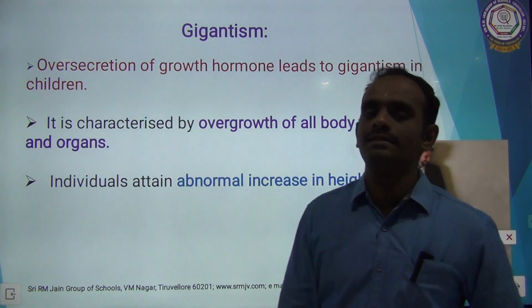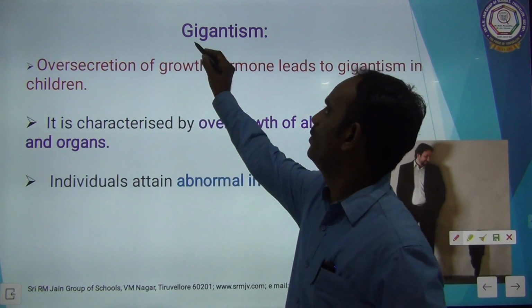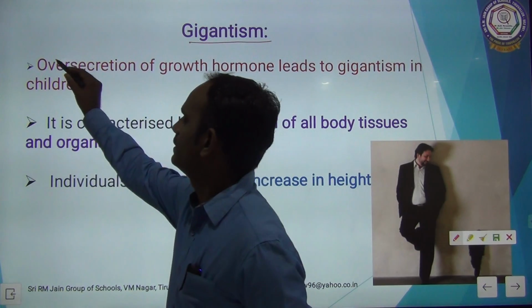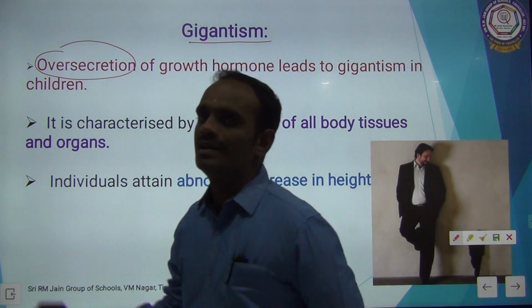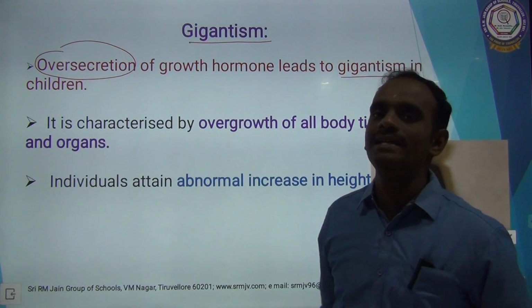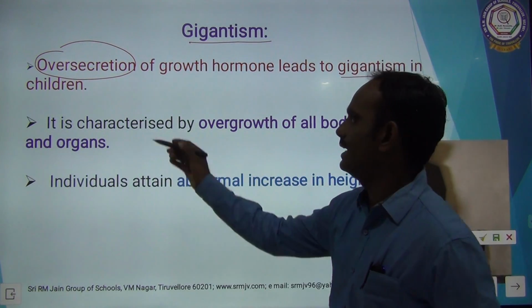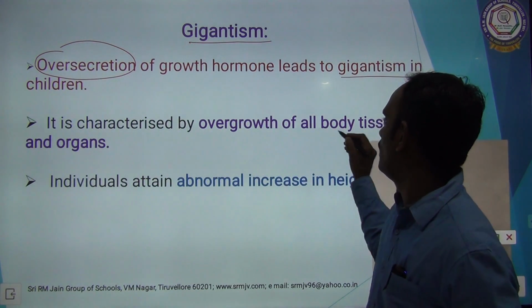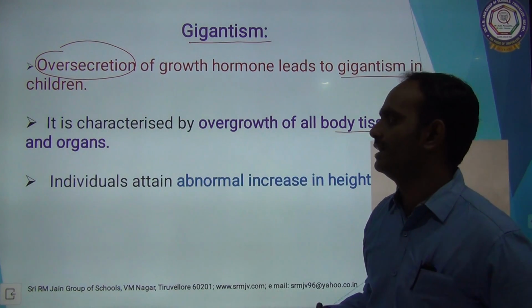The second one is gigantism. How do you pronounce gigantism? Over secretion. So large secretion, over secretion of growth hormone leads to gigantism in children. It is characterized by overgrowth of all body tissues and organs.